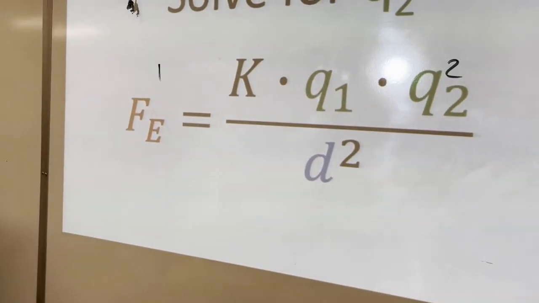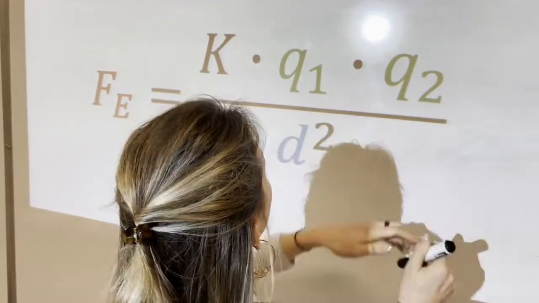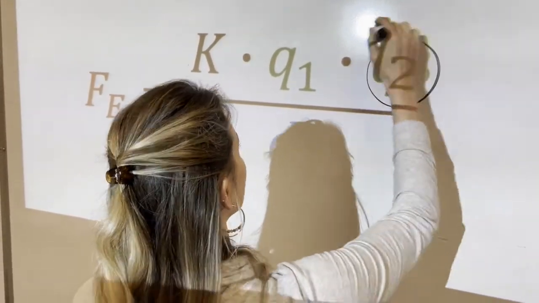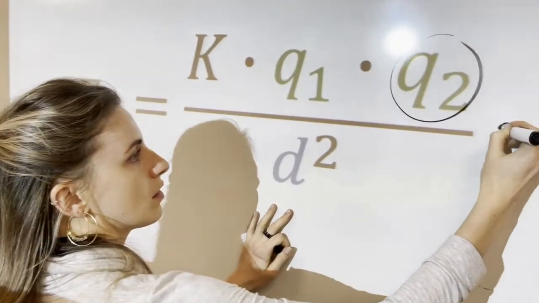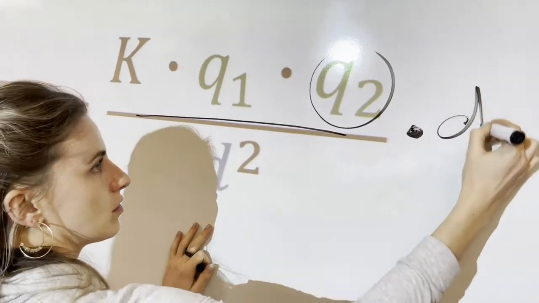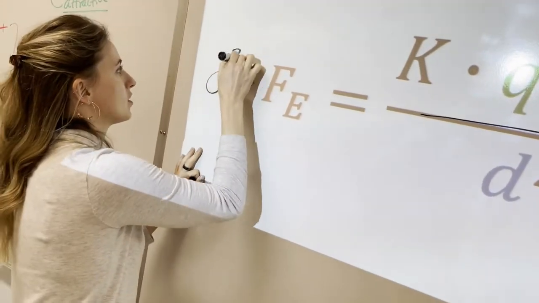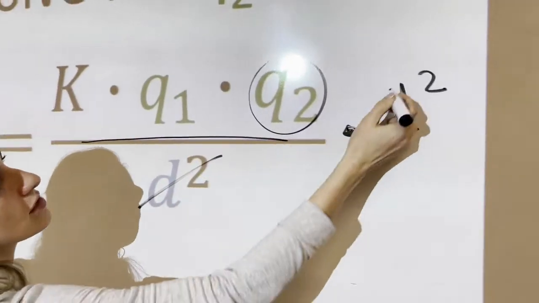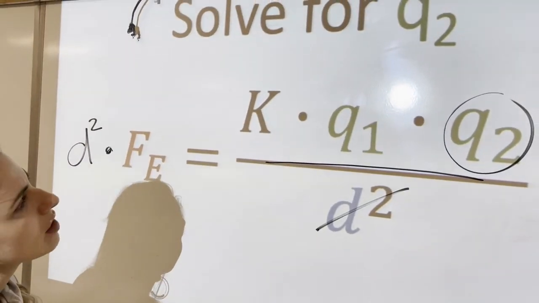What do you want to start with? All right, we're trying to find Q2 right here, right? So let's get rid of the bottom part first. How do you undo division? We're going to undo division with multiplication. So multiply by distance, D squared. These cancel out. And now you've got multiplication. How do you undo multiplication?